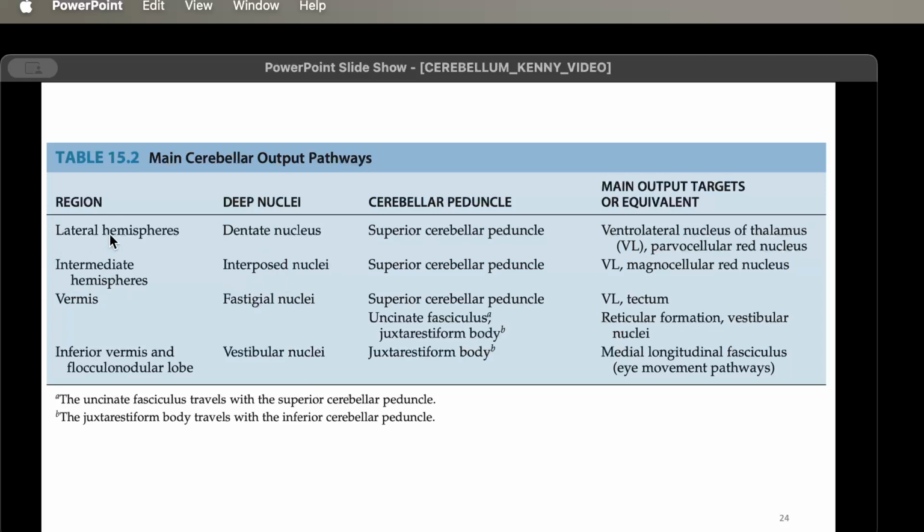So the lateral hemisphere will project into the dentate nucleus, the intermediate hemisphere will project into the interposed nucleus, and the vermis will project into the fastigial nucleus. The inferior portion of the vermis and the flocculonodular lobe will project into the vestibular nuclei, which are found within the brainstem.